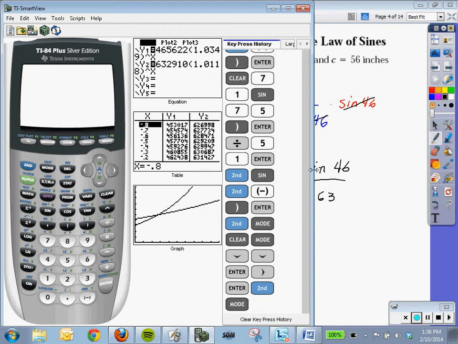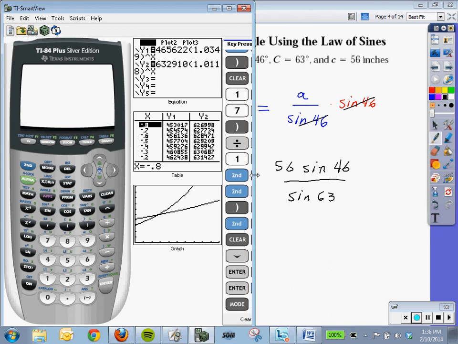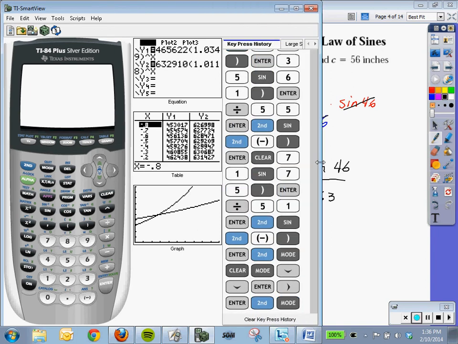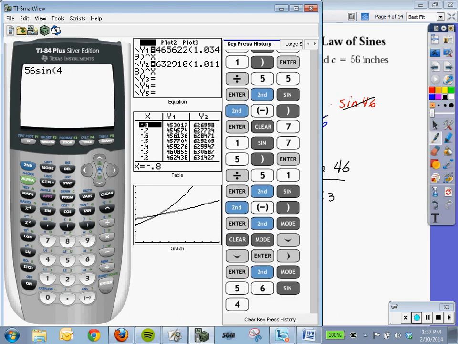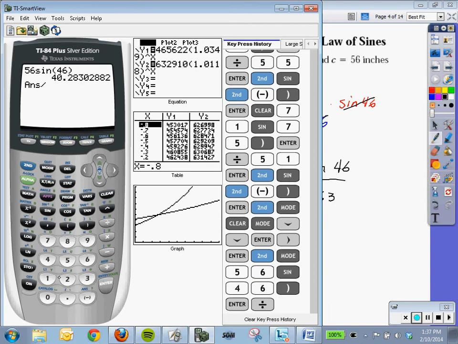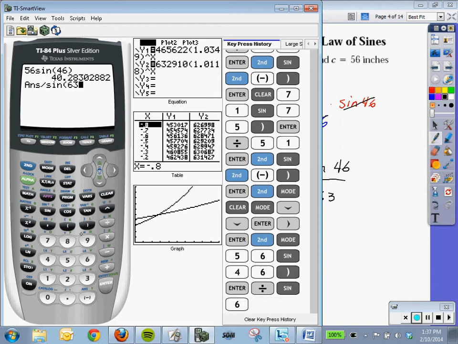Now what we have to do is enter 56 times the sine of 46 divided by the sine of 63. So let's take baby steps here. We have 56 times the sine of 46. I'm going to hit enter and then divide that by the sine of 63.